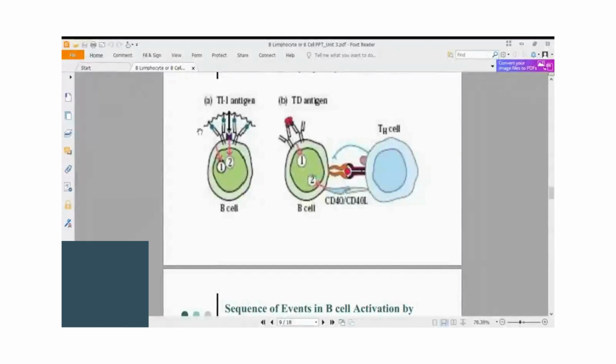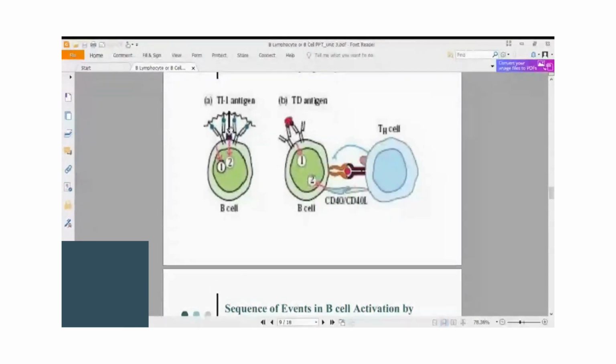Here, the entire antigen molecule cross-links two mIgM molecules, establishing contact with all Fab sites of the mIgM. Here, there is no need to establish contact with all Fab sites. Any two Fab sites of adjacent molecules can be locked by the antigen, and that is the TI2 antigen. This is the type of interaction that takes place between the type 2 TI antigen and the B lymphocyte.